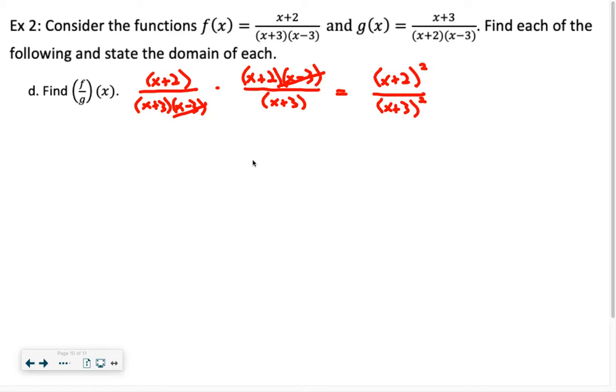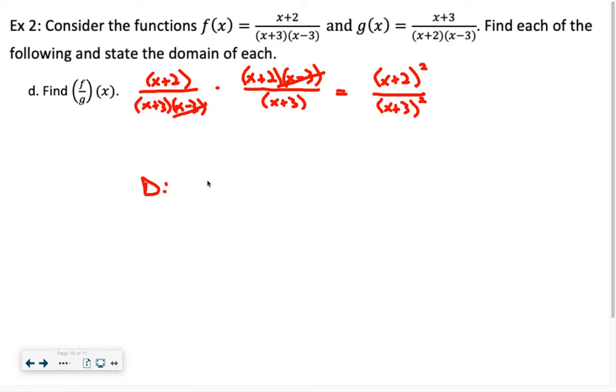So now the domain, again, we need to think about anything that was ever in the denominator. So one thing that could change, right, if this numerator that became a denominator here was something other than x plus 3, that would also need to be included in the domain of the division problem here, right? But we already accounted for this factor over here.